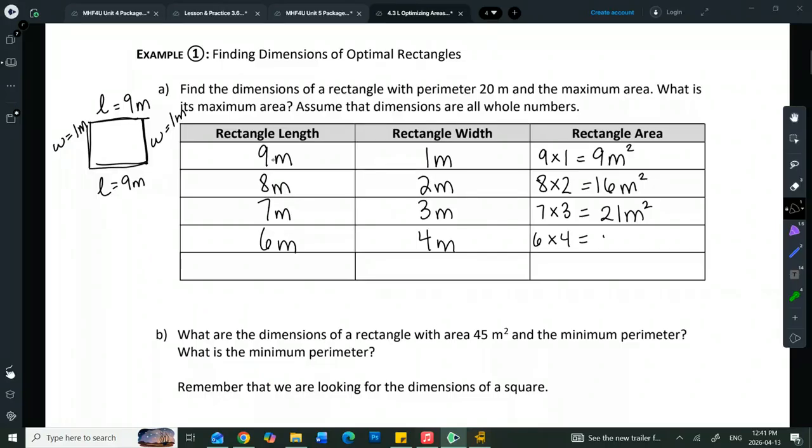And then last option. So which one gives us the highest amount of area? Okay, 5 by 5, and does this make sense?